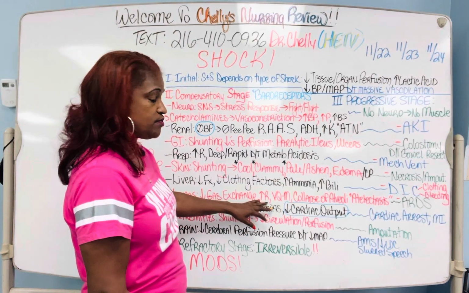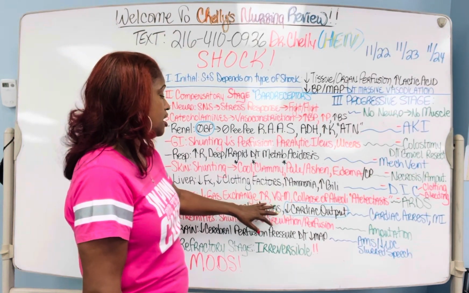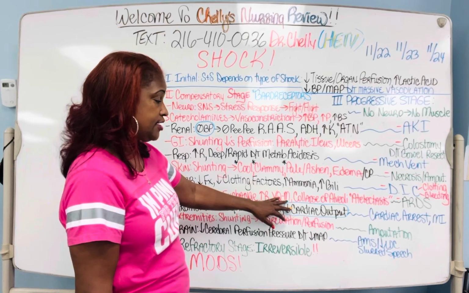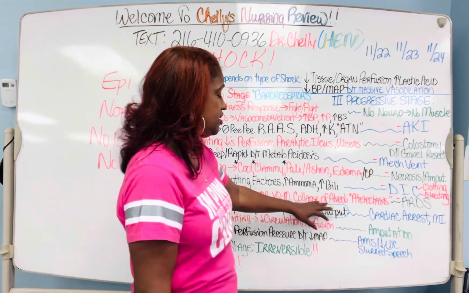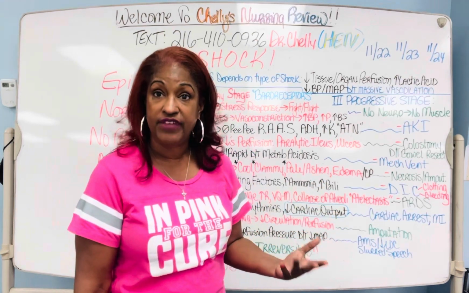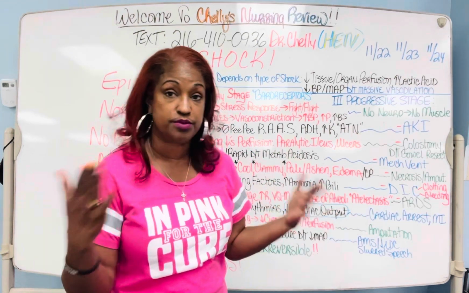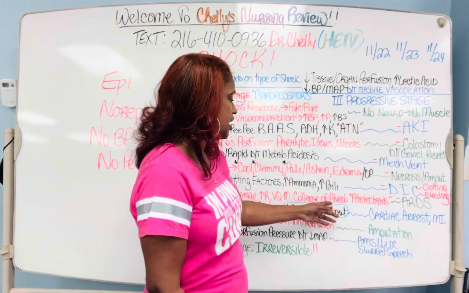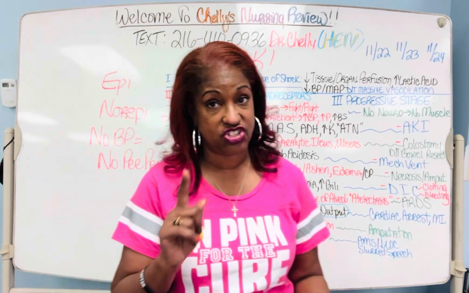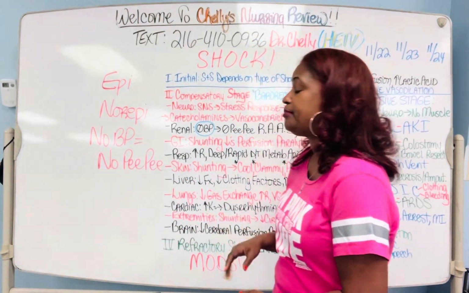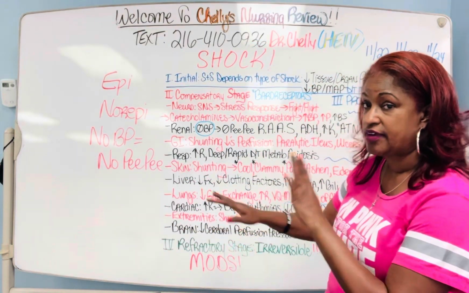You have an increased respiratory rate. You have a VQ mismatch, which is a little deeper than I want to go in this video. And then you have a collapse of the alveoli where this gas exchange was supposed to take place. And this collapse of the alveoli is called atelectasis. And that's going to get worse. But remember, we're still in compensation. We haven't gotten worse yet.